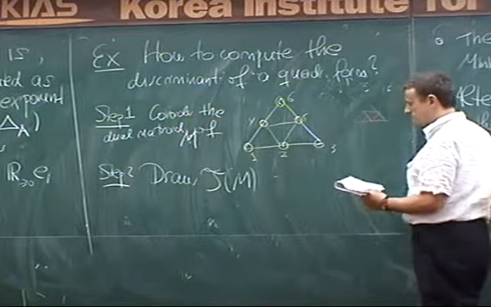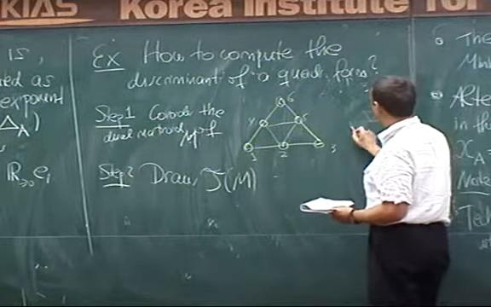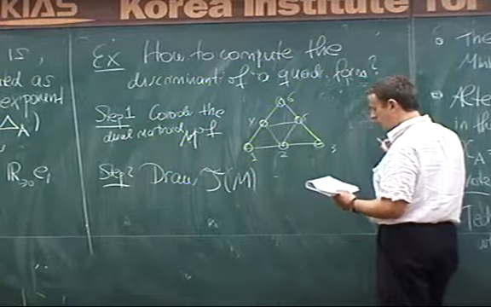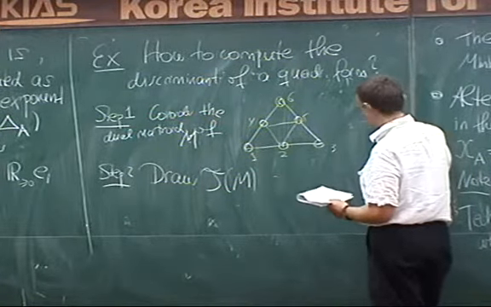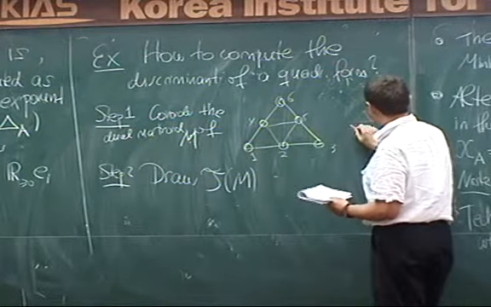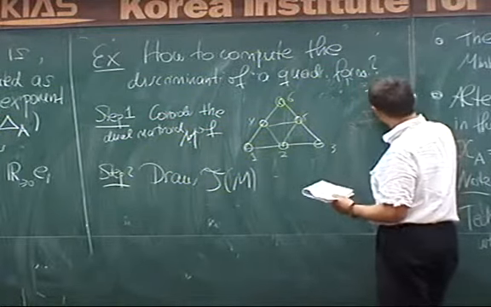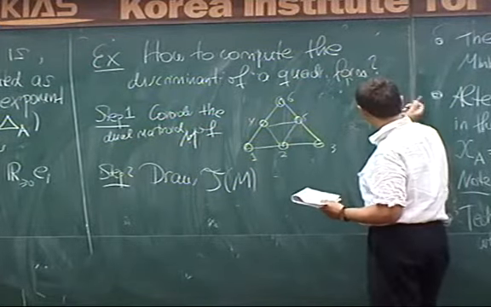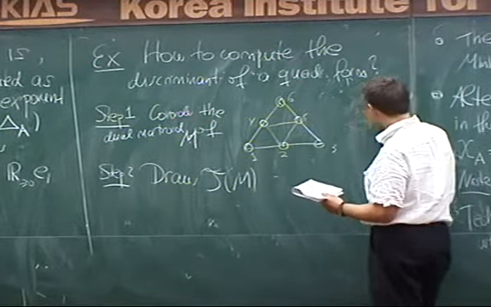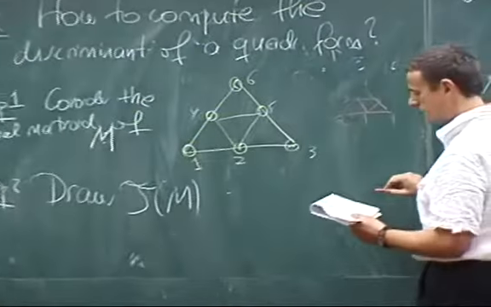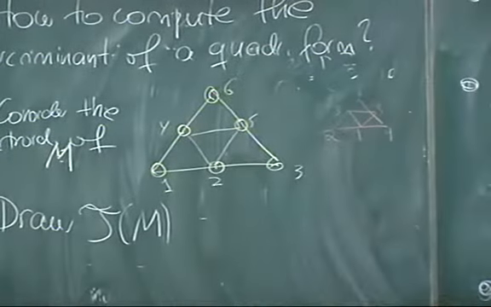So it becomes 1, 2, 4, then 2, 1, 3, 6, 2, 3, 6, 1, 4, something like this. A 5 goes here. Okay, that's the dual picture.